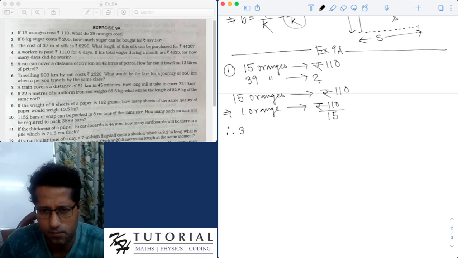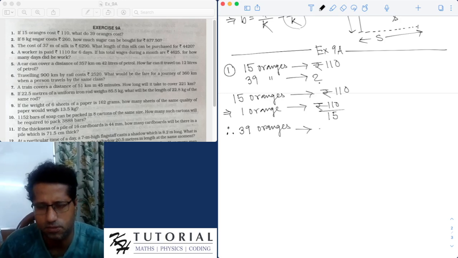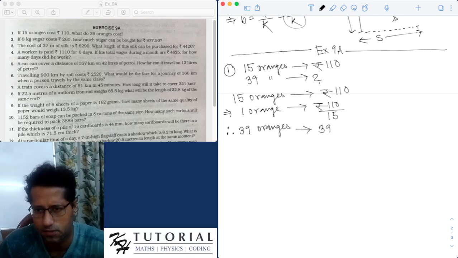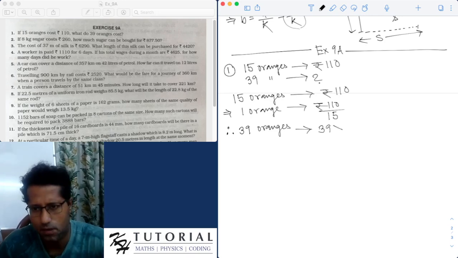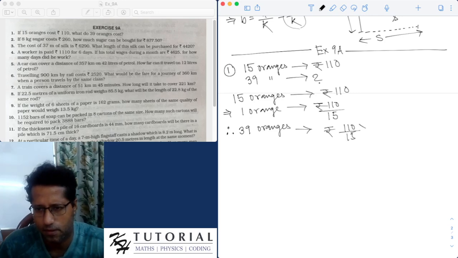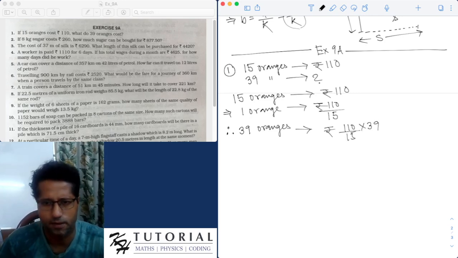So 39 oranges will cost, since we know that 1 orange costs rupees 110 by 15, this unit cost multiplied by the number of oranges, that is 39, so rupees 110 by 15 into 39.